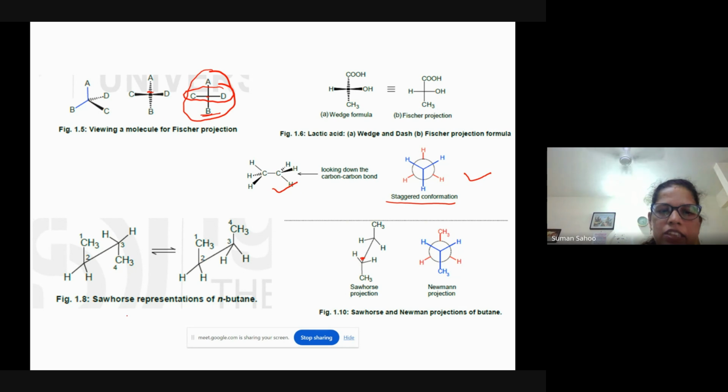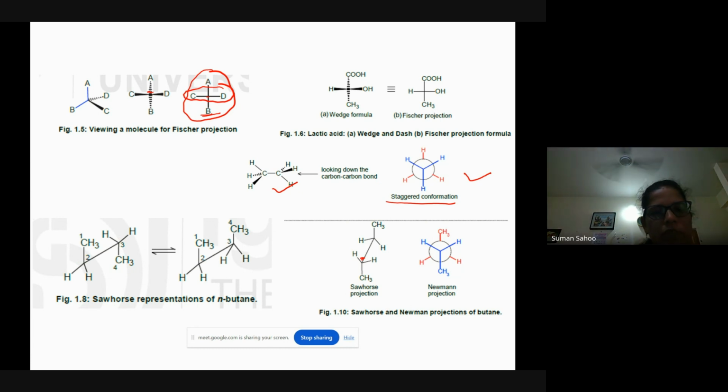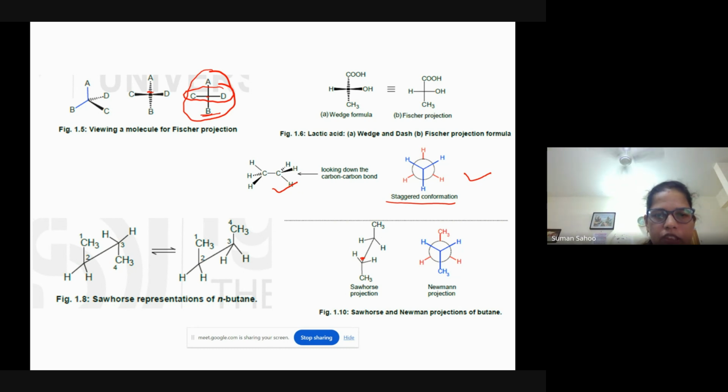And in case of a Sawhorse representation, we put a diagonal line, and here it gives you a better spatial relation of the substituents. So in the Sawhorse projection, again, we have the staggered conformation as well as the eclipsed conformation. In your staggered conformation, if you see this CH3 group and this CH3 group, they are just away from each other.